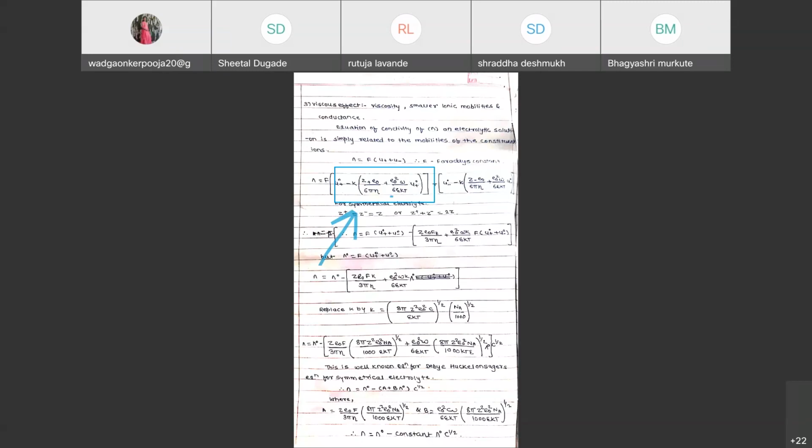What is this term? I am not going to tell you just now. Whatever this value is, it is nothing but the explanation for one ion. And that ion is simply your cation.